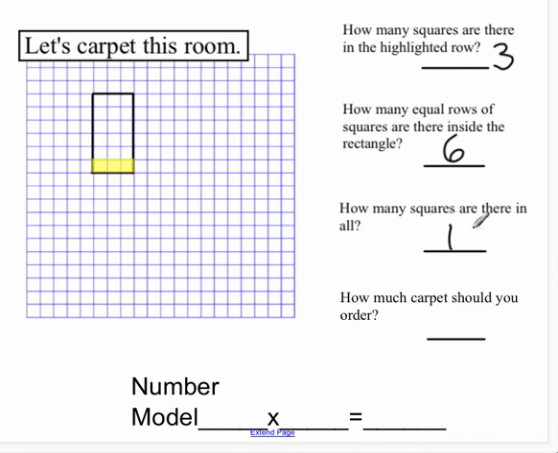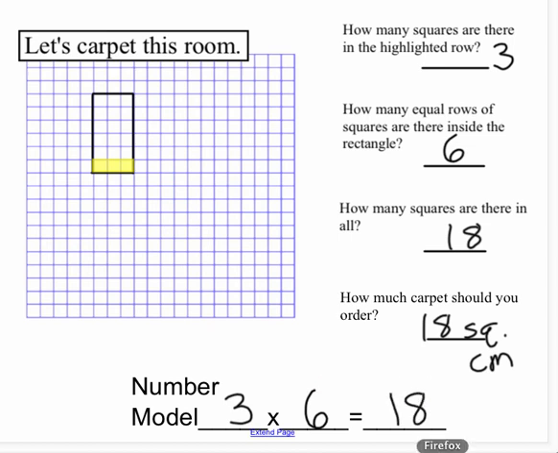There are 18. How much carpet should you order? You would order 18 square, and whatever the unit is, this time let's just say centimeters, pretend it's small for a dollhouse or something. So we are going to go ahead and write our number model. 3 highlighted squares times 6 rows equals an answer of 18.